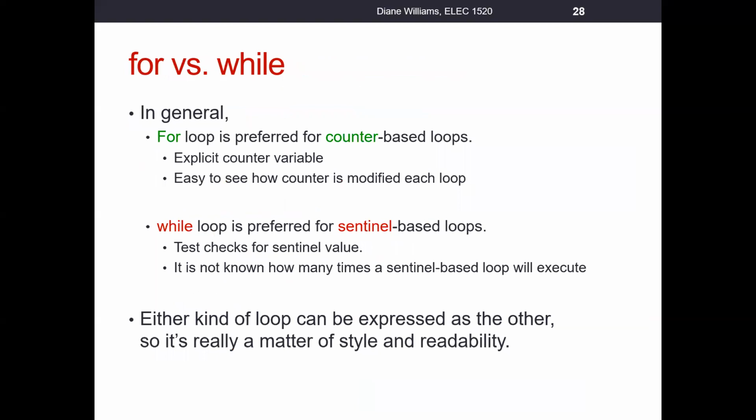We talked about for loops, while loops, and do while loops. Remember, for and while loops both evaluate the test condition before executing statements in the body of the loop. In general, a for loop is preferred for a counter-based loop. A counter-based loop means we know how many times that loop should execute.